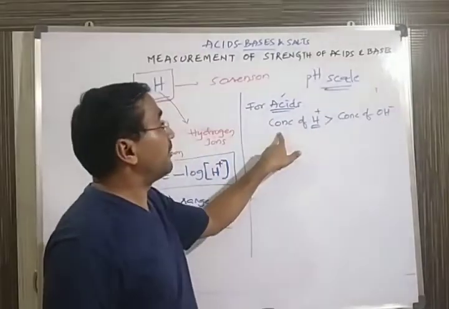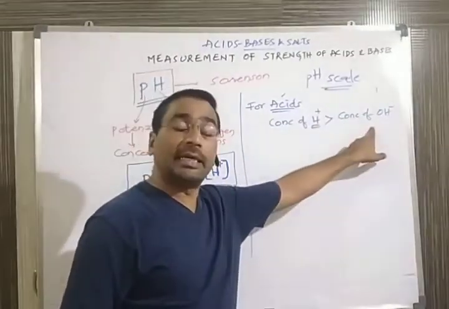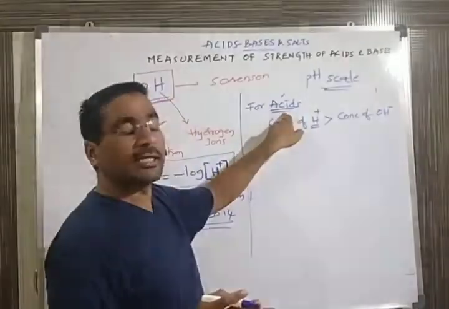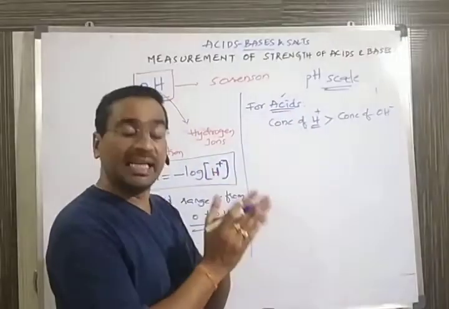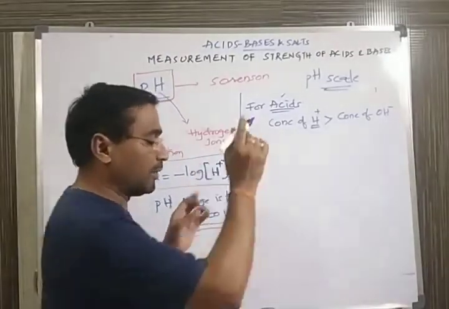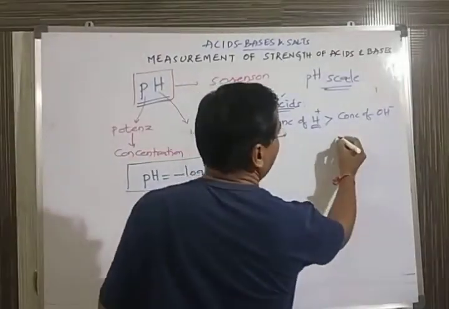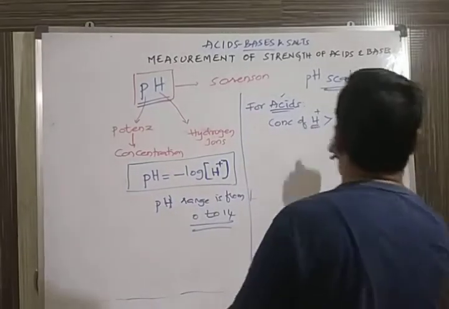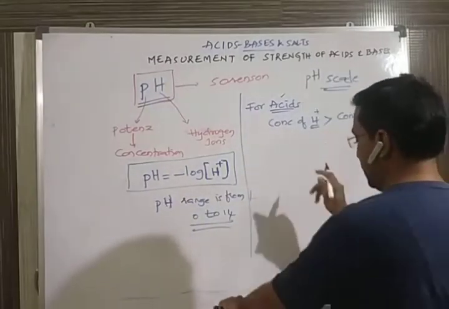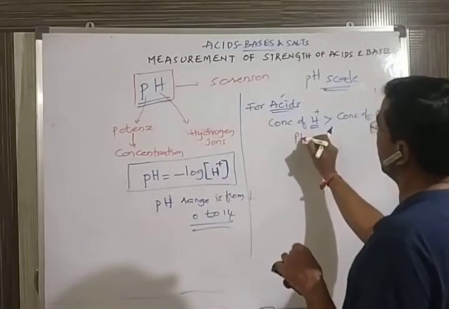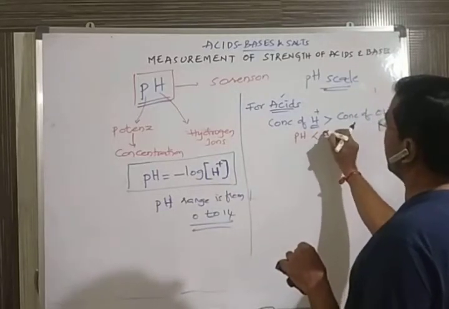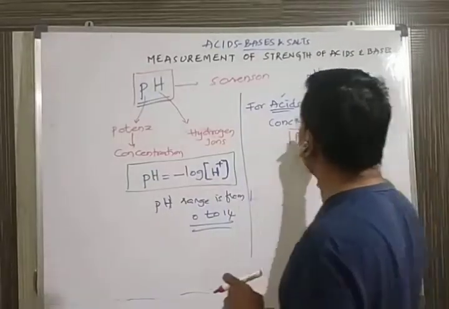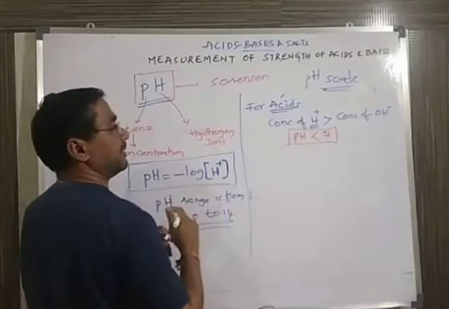If the H plus concentration is greater, the substance is acidic in nature, and the pH value of any acid with this condition will be less than 7.